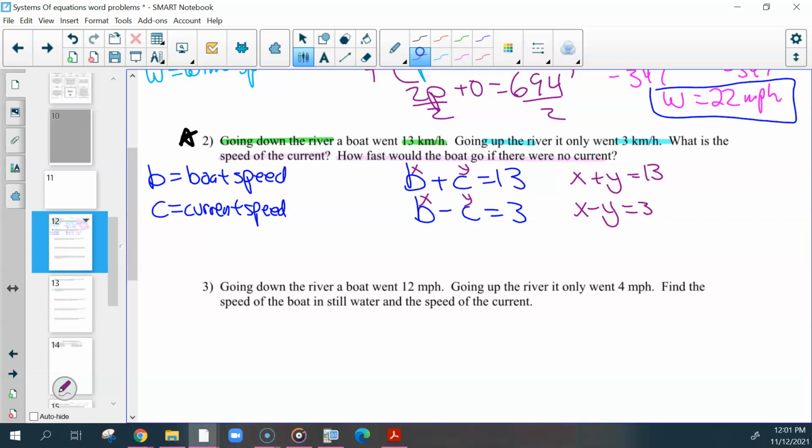So the first one would be y equals negative x plus 13, or 13 minus x. We would need to subtract this x and divide.